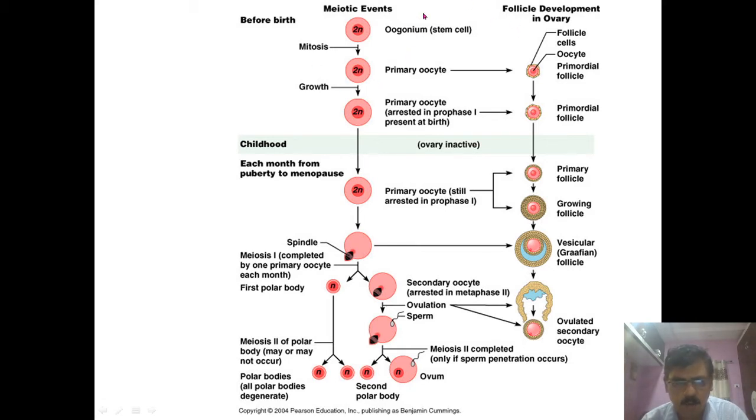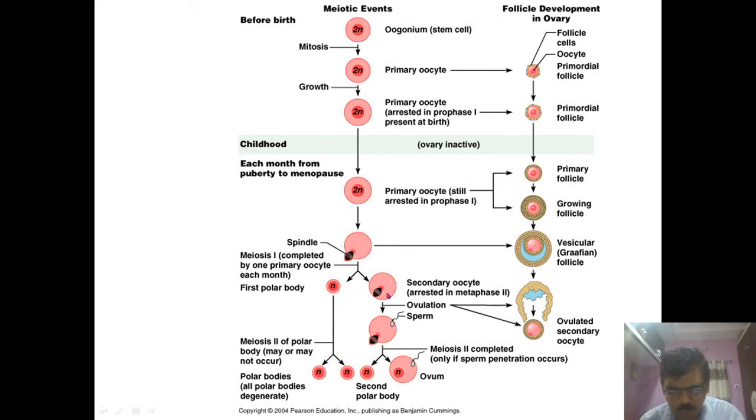This is the oogonium or the stem cell. After mitosis it forms stem cells, the reserve cells, and it gives rise to the primary oocyte. This primary oocyte gives rise to the secondary oocyte and the first polar body.